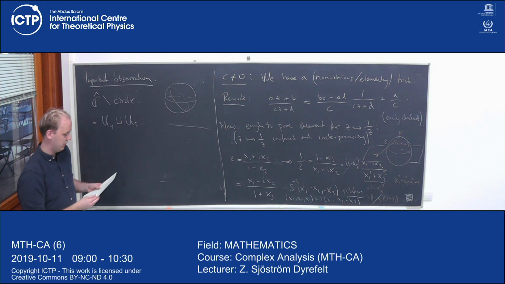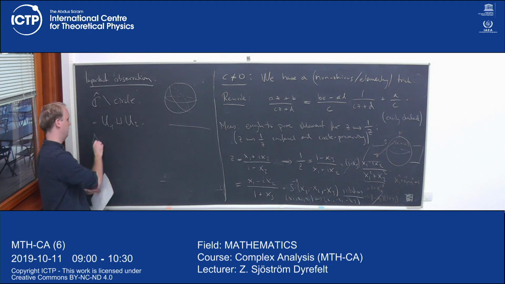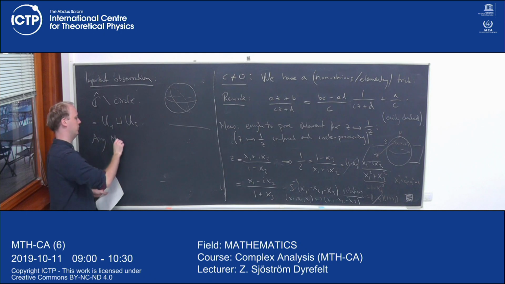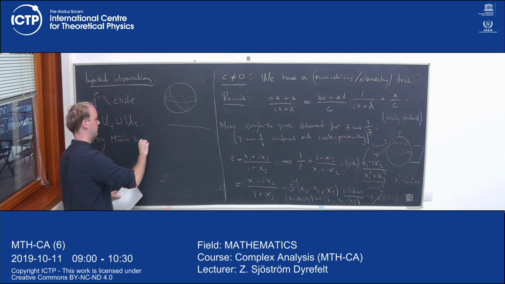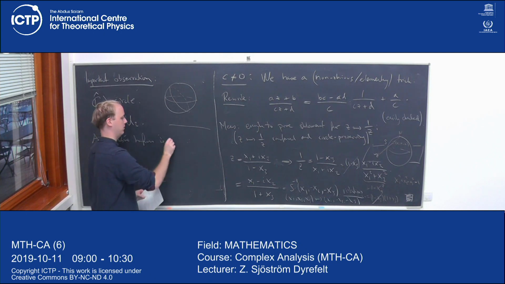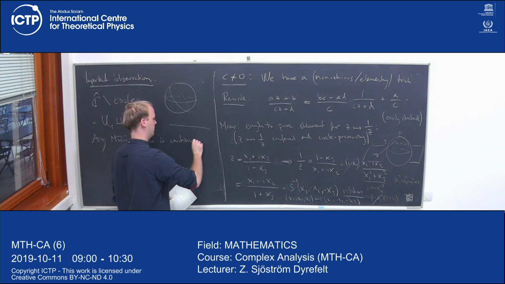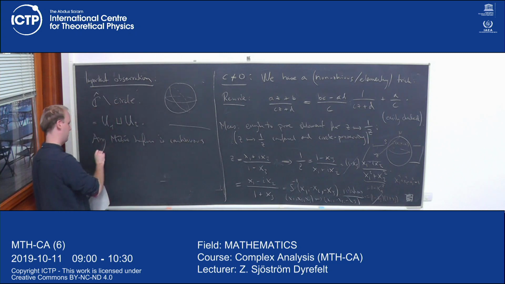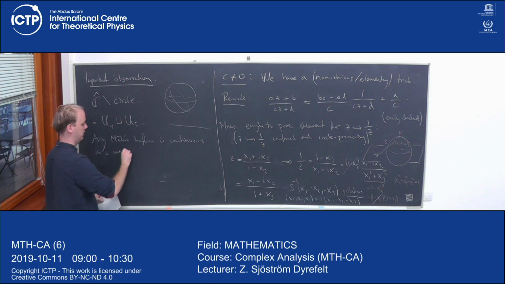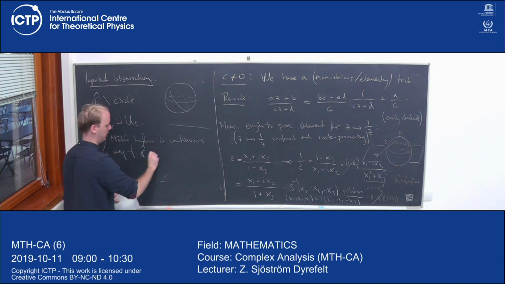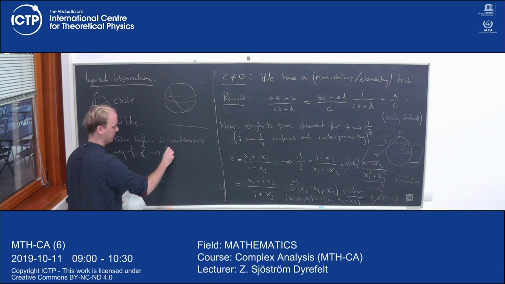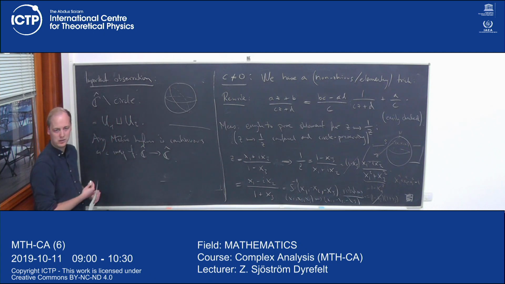And any Möbius transform is continuous. What does this mean? It's continuous as a map not just on C, but as a map from C hat to C hat.